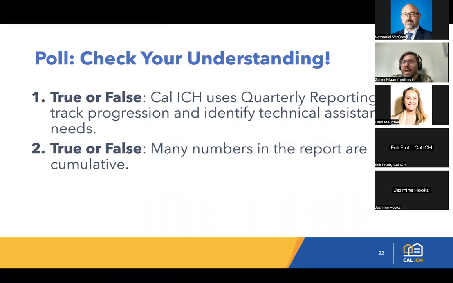I think most people get it. Both of these statements are true. The poll responses are coming in, and we have about 95%, everybody's got it. Both of these statements are true. Cal ICH uses quarterly reporting to track progress and identify technical assistance needs, and a lot of the numbers in the report are cumulative.